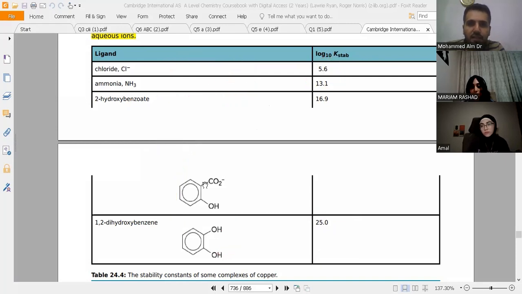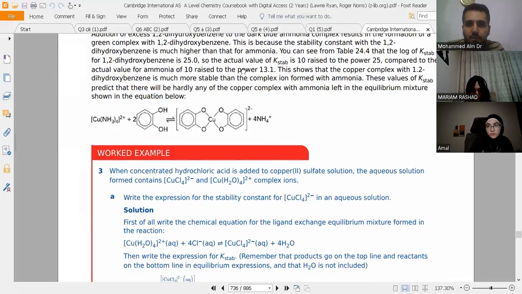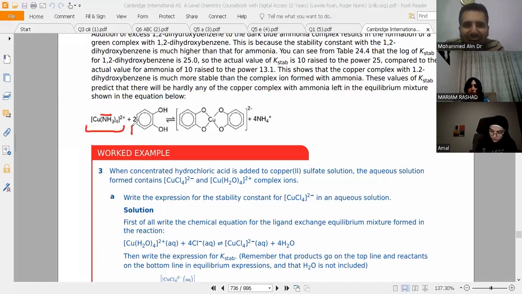So look, guys, at this reaction. Here we have an important reaction. This is the reaction I showed you. We had a solution that has a copper complex with ammonia. To it, we added this ligand, the one that is a bidentate ligand.